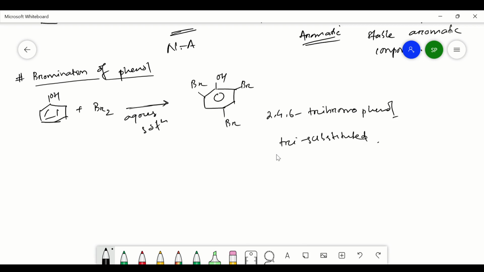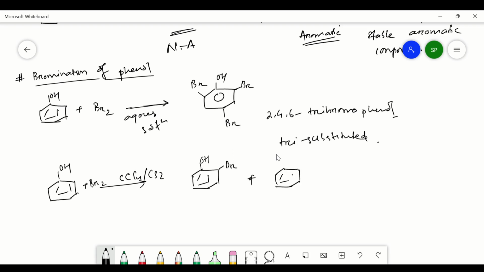But if we carry out this reaction in the presence of non-polar solvents like CCl4 or CS2, this will be monosubstituted. So there will be formation of either ortho-bromophenol or para-bromophenol. This is because when you do this reaction in aqueous medium, phenol is a little bit acidic in nature.